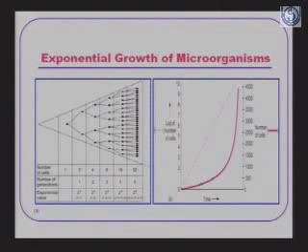Now in this graph you can see the microorganism growth pattern. You will see that the microbes grow in an exponential pattern. Like you will have microbes growing with various generations. They will grow in numbers like 1, 2, 4, 8, 16 and 32.